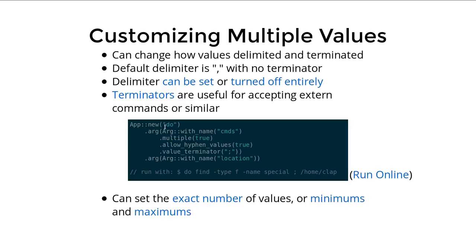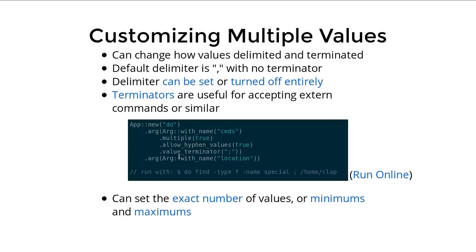where you have an application calling it do, and then we have a single argument, which is a positional argument, because it doesn't have any long or short. We're saying it accepts multiple values, it allows hyphen values, and stop parsing this particular argument, go on to your regular parsing once you reach a colon.